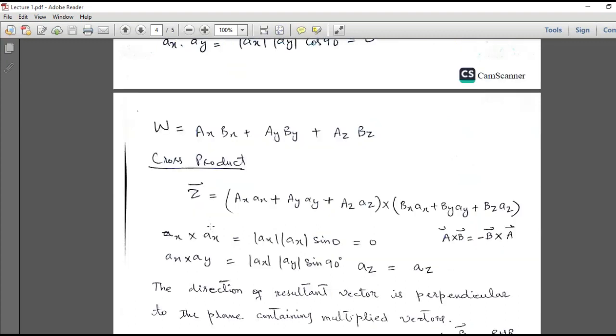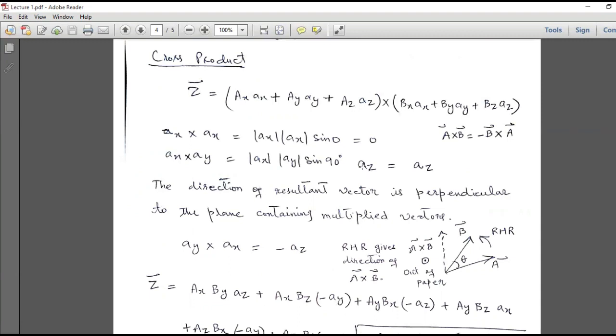The second product is the cross product, and in this case Z vector is equal to A cross B. This is the A vector, this is the B vector. Now again we have to multiply all the components with each other. Now ax cross ax will be equal to ax magnitude sin 0, and this will be equal to 0. And ax cross ay will be equal to ax ay into sin 90.